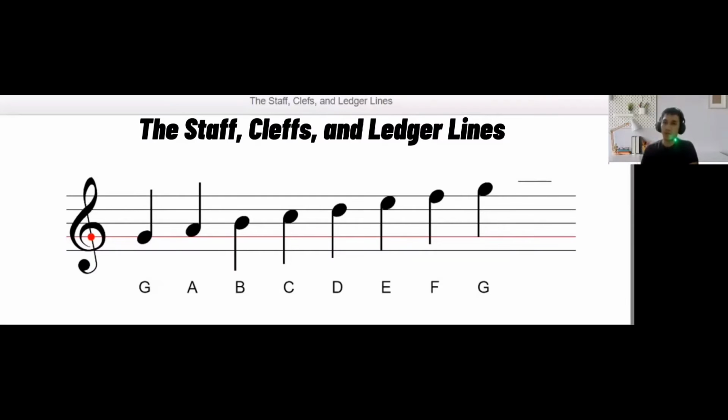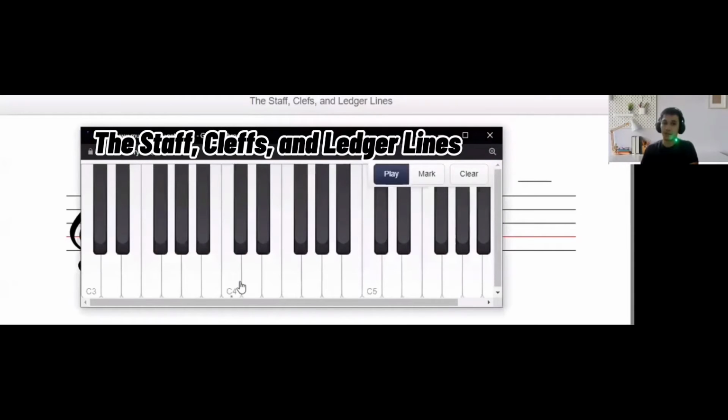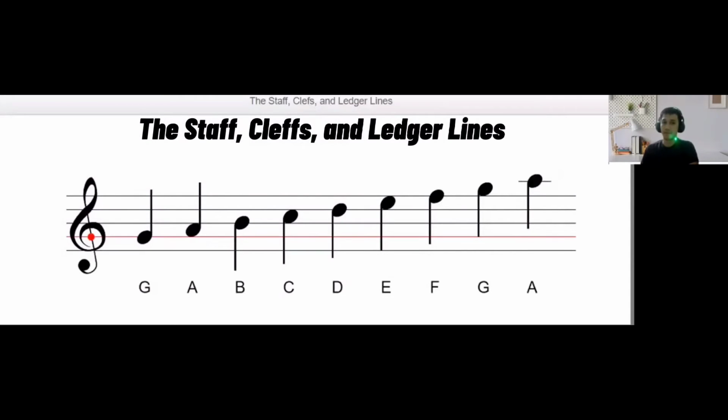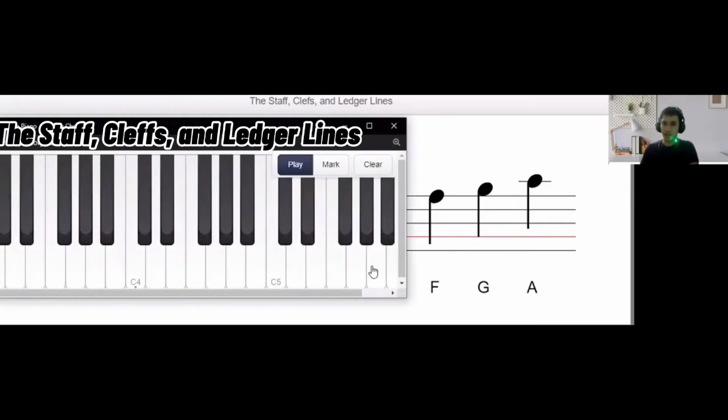The ledger line notes are basically the notes on the higher sounds. In this case, we have our letter A because it's above G, so our letter A is placed here in this part.